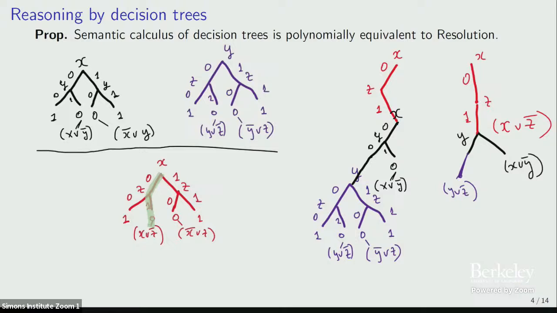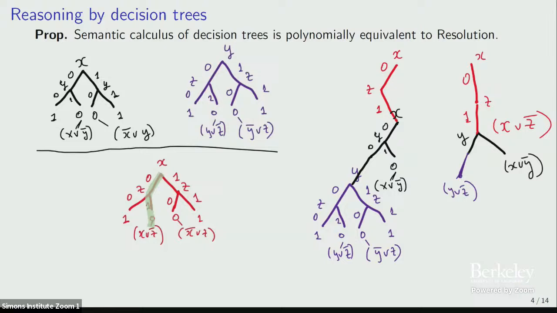For example, the same also holds if we consider the semantic calculus of parity decision trees, where we will get resolution over parities by the same reasoning. Okay. For decision trees, we have a very small, simple proof system for which we have a lower bound.